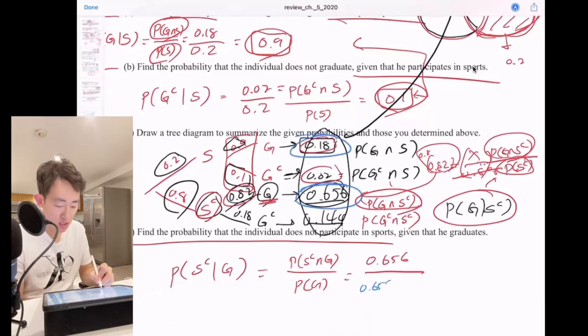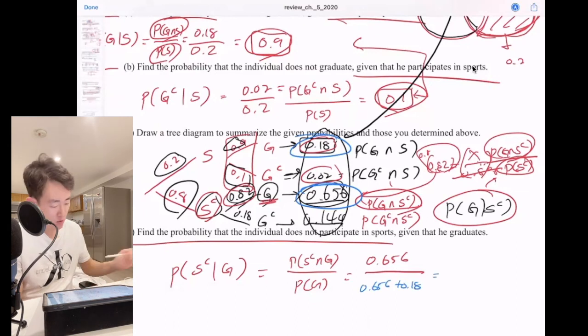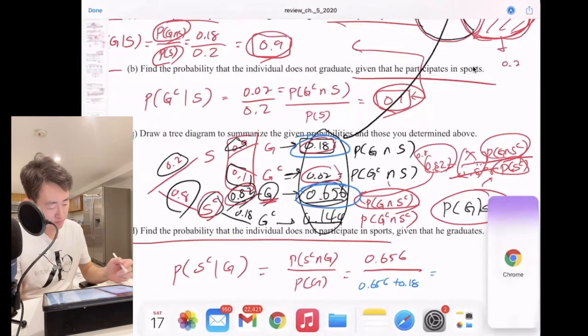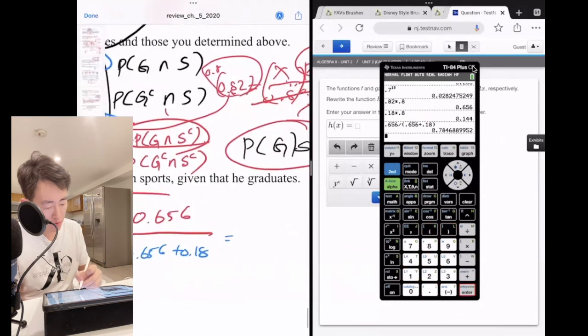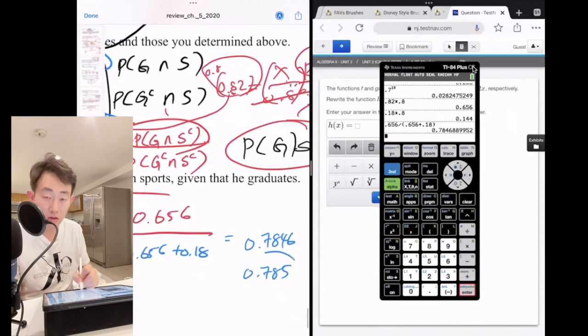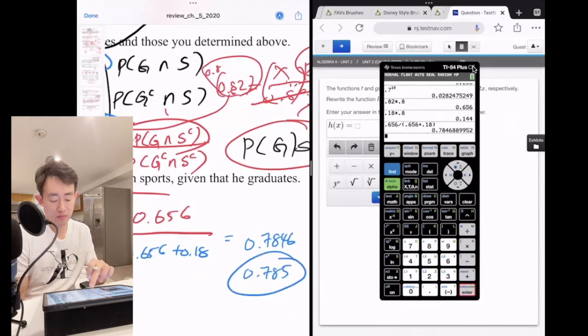So 0.656 plus 0.18 together. You can use a calculator for this. 0.656 divided by 0.656 plus 0.18. That should give you 0.7846 or 0.785. That should be the probability.